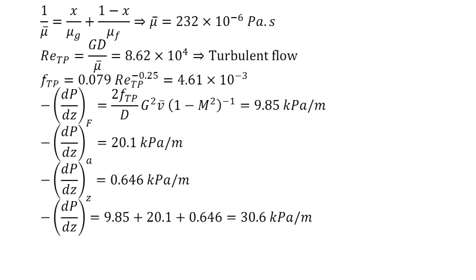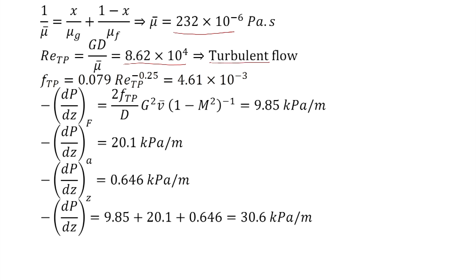Now, for a more accurate calculation, let us use McAdams relation and calculate the mixture viscosity, which is 232 into 10 raised to minus 6 Pascal second, and using this we get the Reynolds number for the two phase mixture as 8.62 into 10 raised to 4, and again it is turbulent flow.